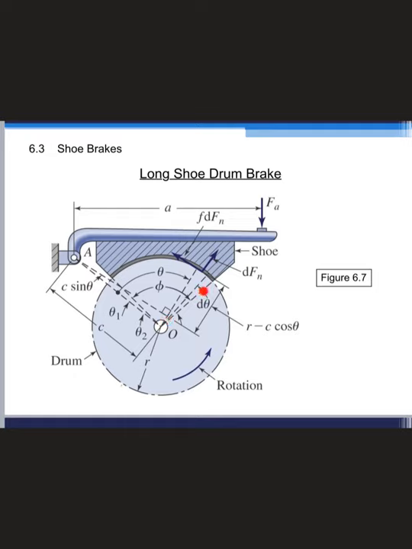So theta 2 is measured from line AO to the last point of contact. If theta 2 is more than 90, we take the value of sine theta m equal to 1. But if theta 2 is less than or the same as 90 degrees, we take the value of sine theta m equal to theta 2.